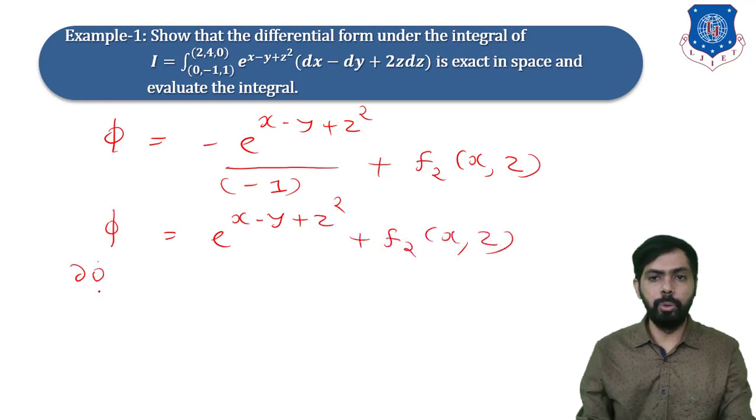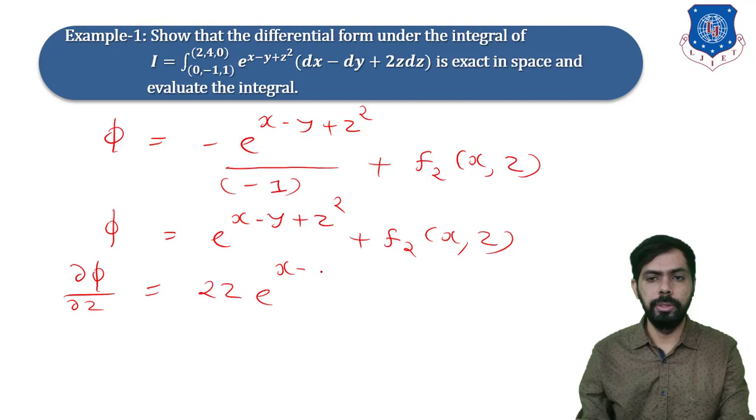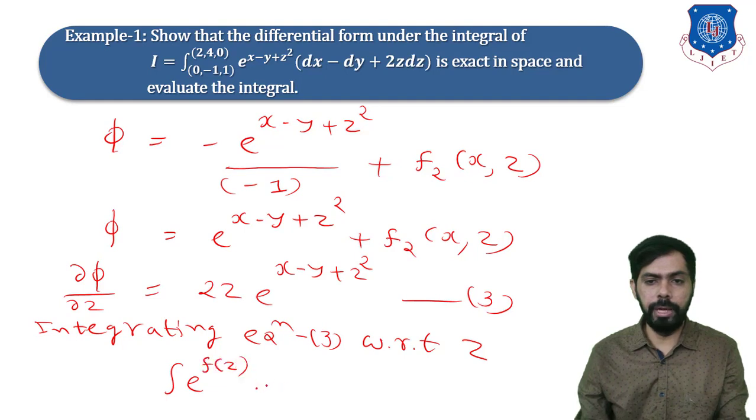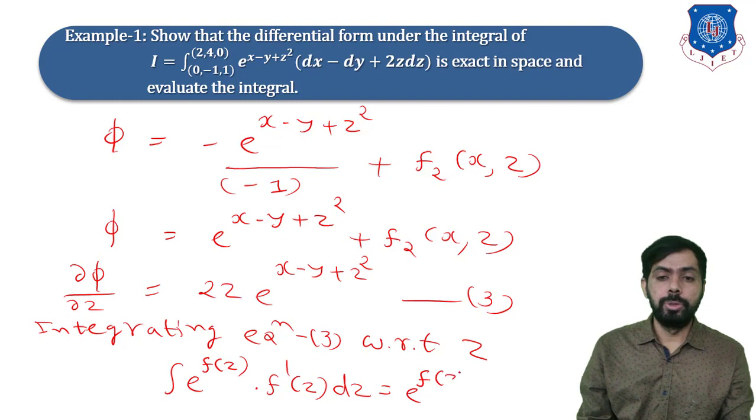Now here del phi by del z is equal to 2z e raised to x minus y plus z square. So suppose this is equation number 3. So integrating equation 3 with respect to z, here we will use this formula, that is the integration of e raised to f of z into f dash z dz will be the integration of e raised to f of z.